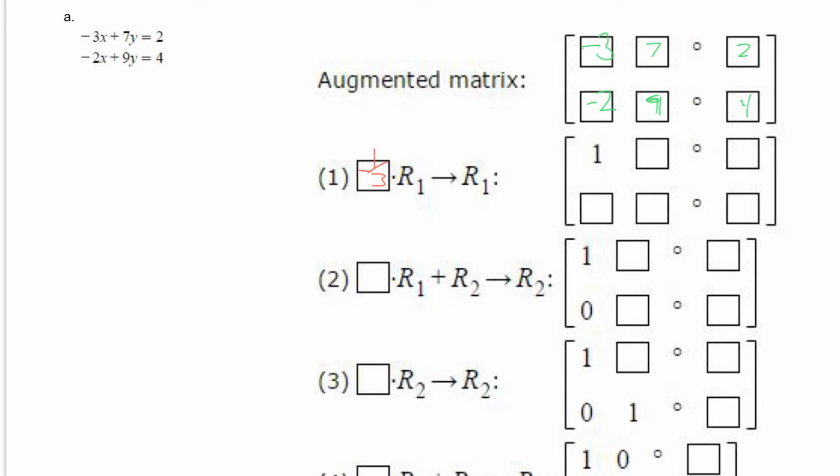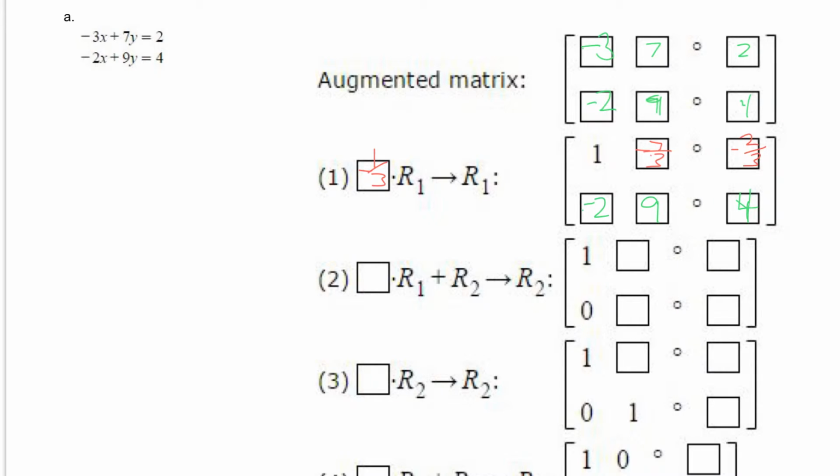Then negative 1/3 times 7 gives me negative 7/3. And then negative 1/3 times 2 gives me negative 2/3. My second row is staying the same, so that's going to stay negative 2, 9, and 4.